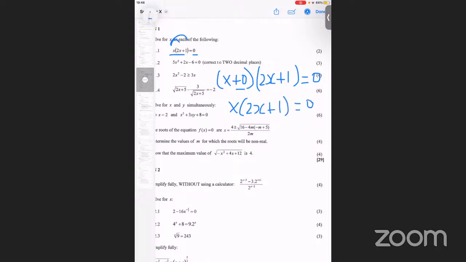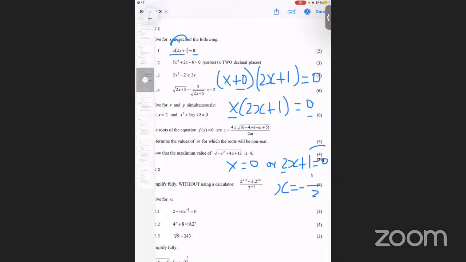So what Mendlonke is saying is you just take this, you equate it to 0. Just say x is equal to 0, or you say 2x plus 1 is equal to 0. Then this to the other side, and then you divide by 2. So you end up having your x, which is equal to negative 1 over 2.